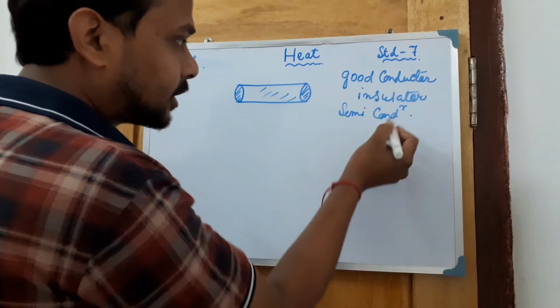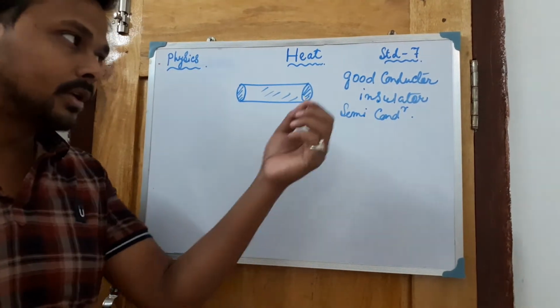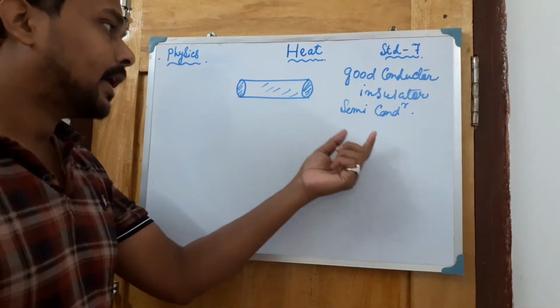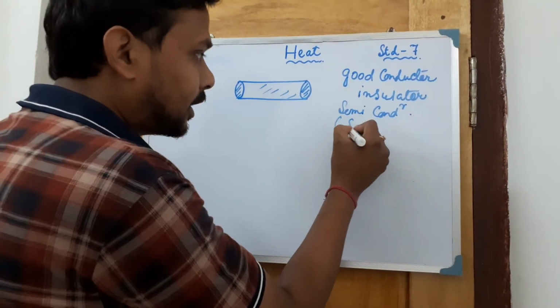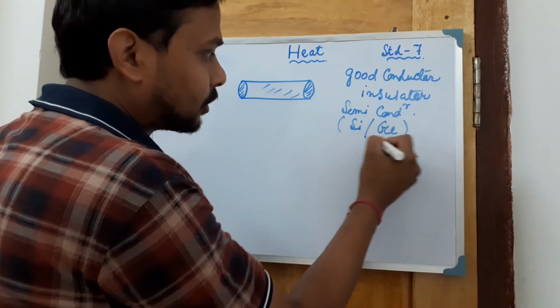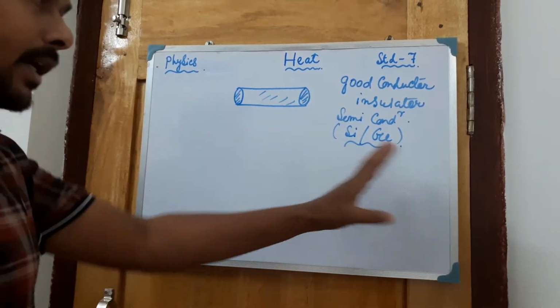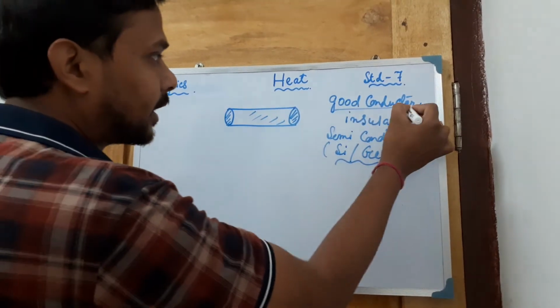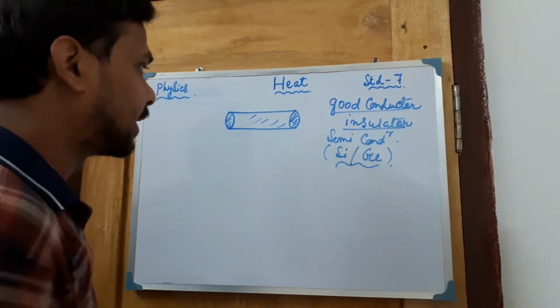Semiconductor devices are used in, maybe, a mobile chip or memory card. Mostly two types are used, silicon and germanium. These things you will read in higher classes. Today I will tell you about good conductors and insulators, that means bad conductors.